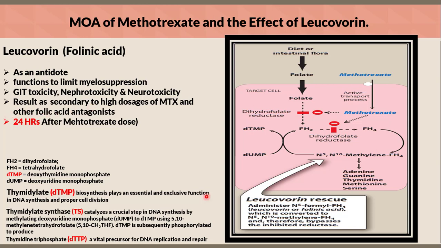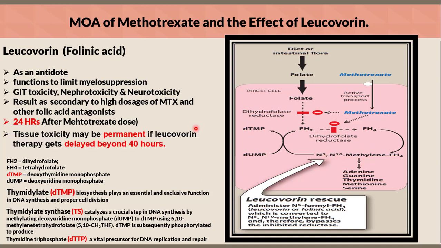Administer N5-formyl tetrahydrofolate, or leucovorin, or folinic acid, which is converted to N5,N10-methylene tetrahydrofolate, and therefore bypasses the reductase inhibited by methotrexate. Tissue toxicity may be permanent if the leucovorin therapy is delayed beyond 40 hours.